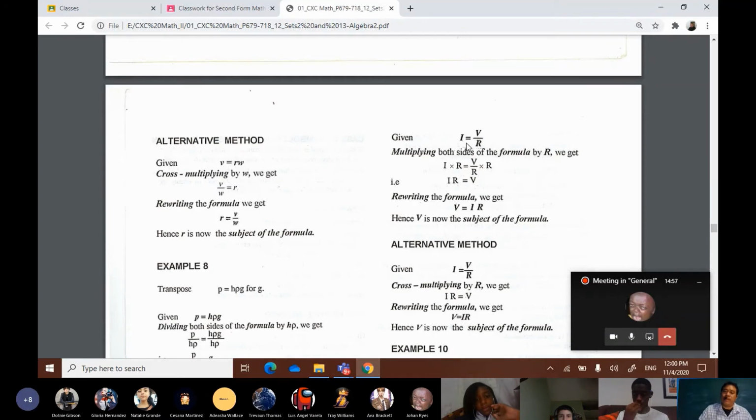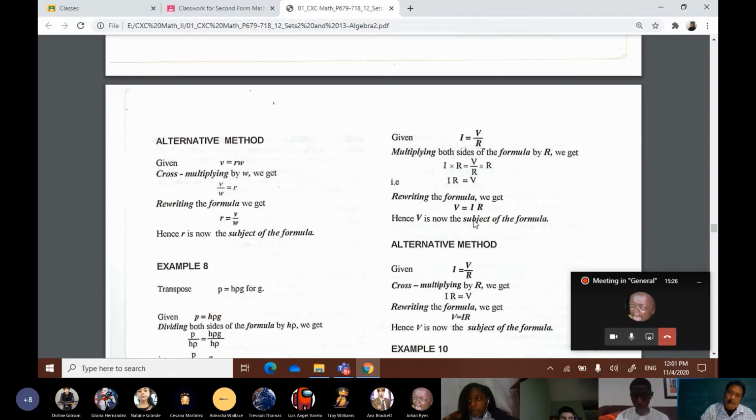Given I equal V over R, remember, I want V as my answer, so I will multiply both sides of the formula by R. So we get I times R equals V over R times R. The R's will cancel, giving me IR equals V. So rewriting the formula, we get that V equals IR.